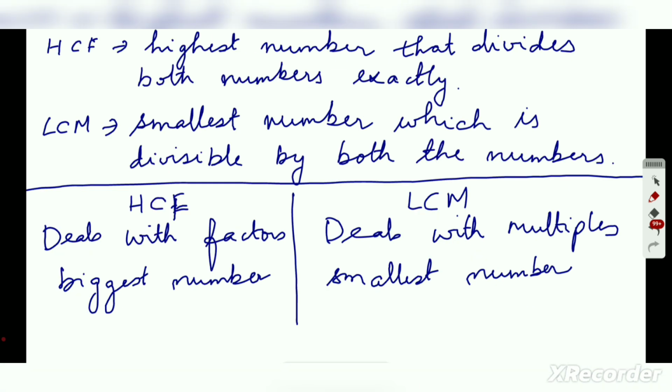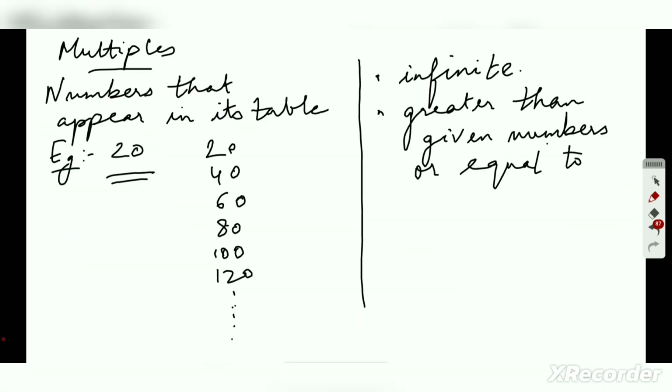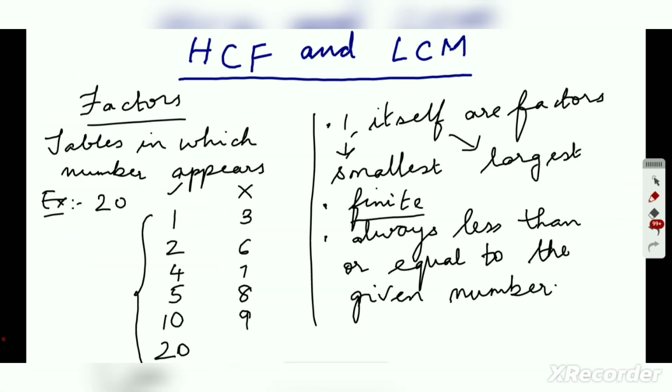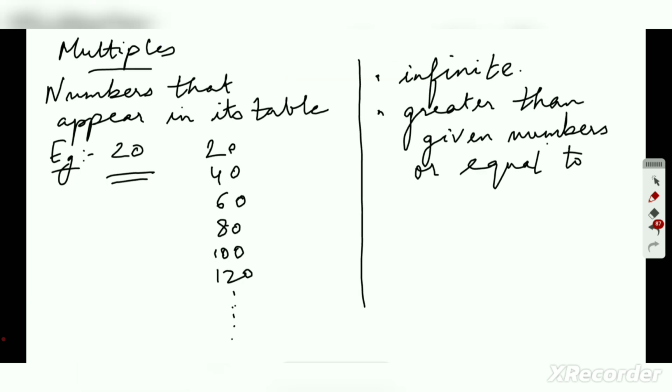Let me just give a quick recap of what we have learned. First, we have learned about factors. Factors are nothing but the numbers, the tables in which the number appears. We have found out the factors of 20 and some points to remember regarding factors. Next, similarly, multiples. Multiples are nothing but the numbers that appear in its table.